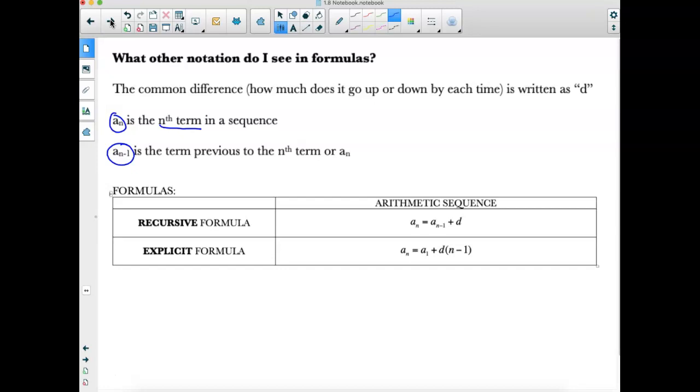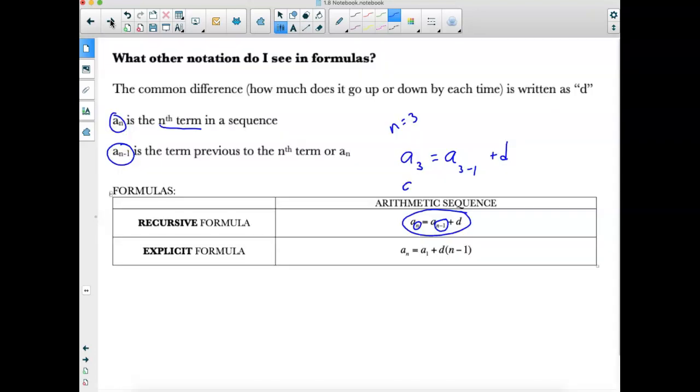So here's my recursive formula. Basically what this means is, okay, let's say I want to know what A sub 3 is, okay? Now I have just defined, right here, n equals 3. In order to find this third term, I need to find A sub, look at that little subscript, n is 3 minus 1, and then I add D to that.